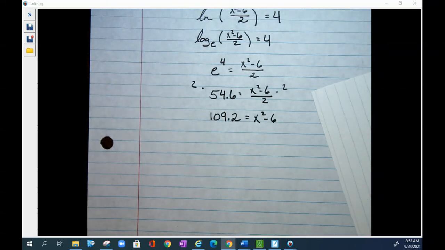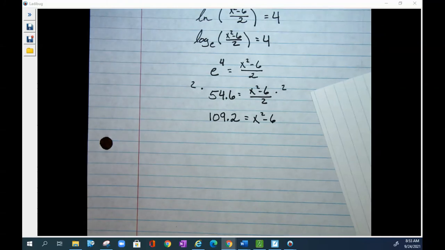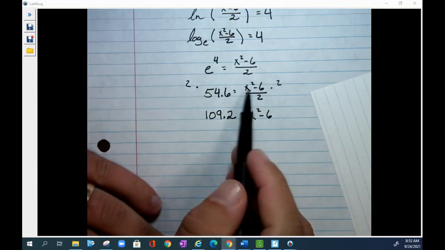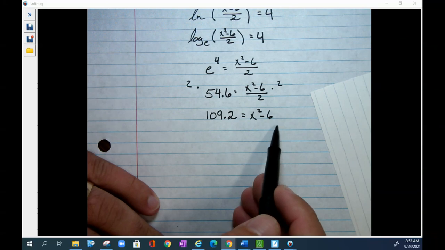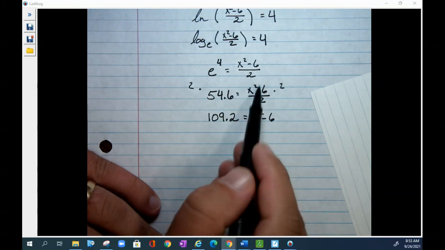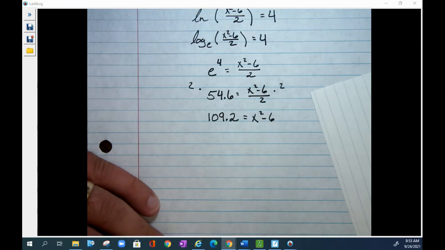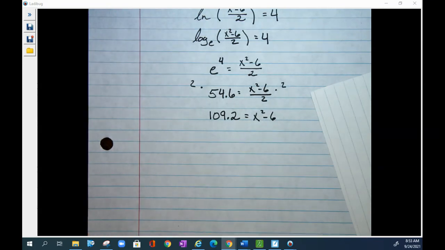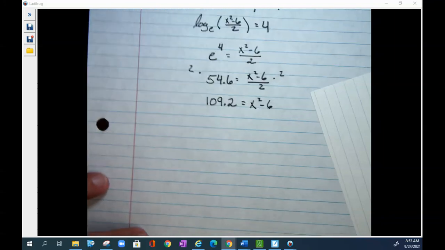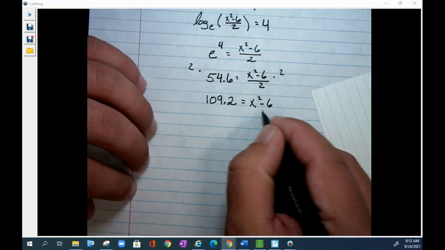I see this mistake all the time. When I do that little multiply by 2 to clear the fraction, I do not make this 2x minus 12 or 2x squared minus 12, right? I don't actually change any of those numbers. I'm just clearing this fraction. It was being divided by 2. I multiplied by 2 to undo that. Add 6.